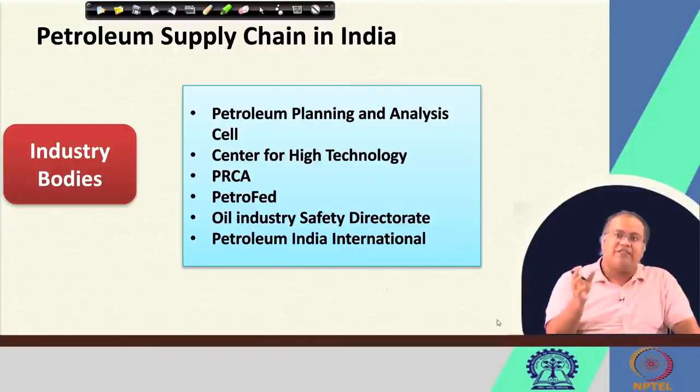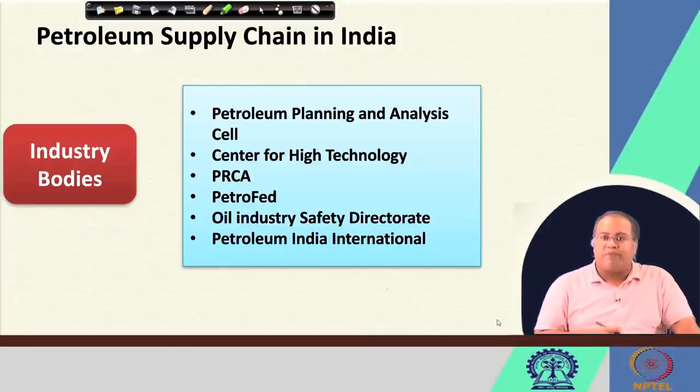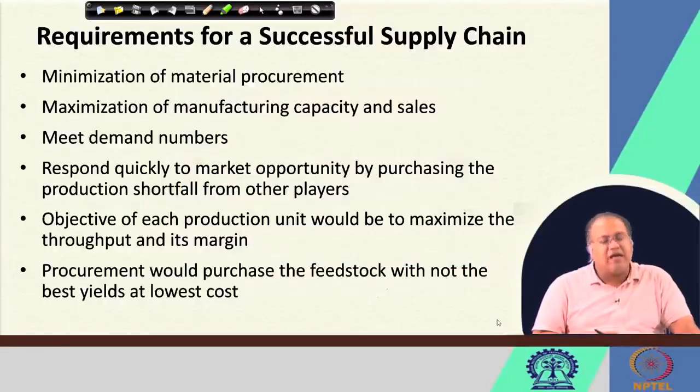And there is this demand and supply requirement based on which they have to do planning. Now, if you think about what makes a petroleum supply chain successful, there are multiple requirements. First of all, I need to minimize the material procurement, I need to maximize the manufacturing capacity and sales, I need to meet the demand numbers, and I need to respond quickly to market opportunity by purchasing the production shortfall from other players.